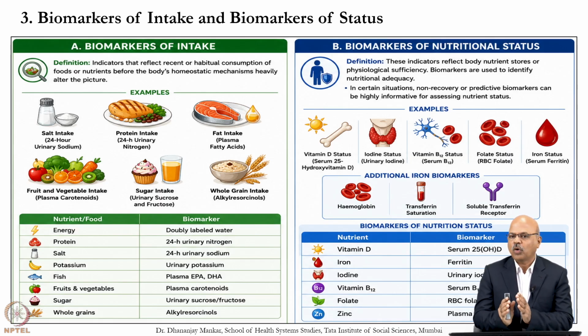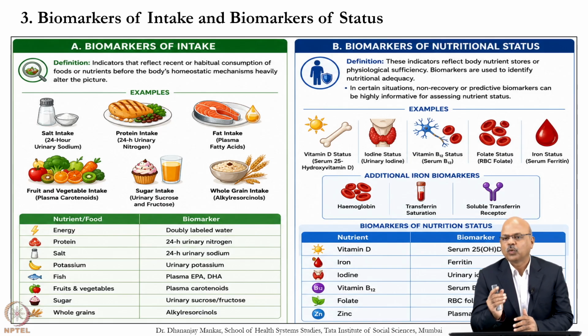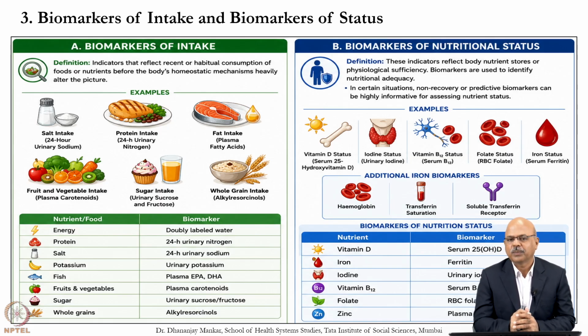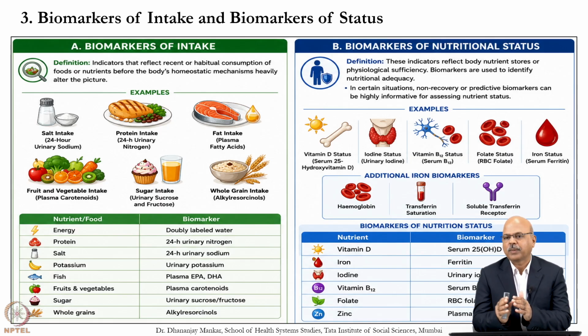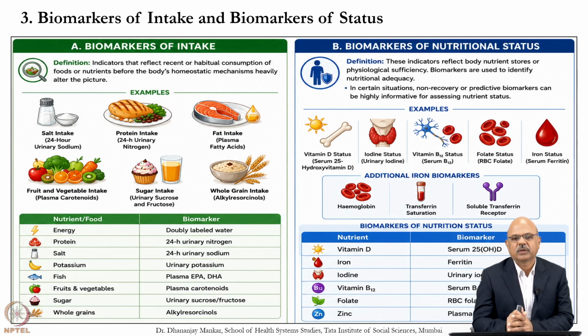Now biomarkers of nutritional status. These indicators reflect the body's nutrient stores or physiological sufficiency. Biomarkers are used to identify nutritional adequacy. They have a certain set of properties, and non-recovery or predictive biomarkers can be highly informative for assessing nutrition status.